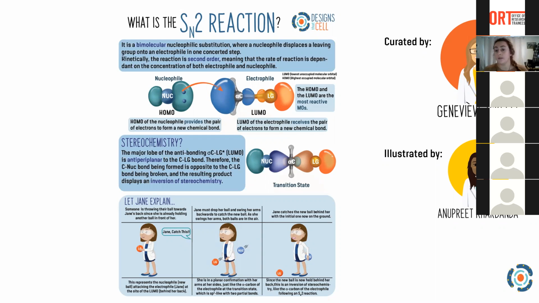This type of narrative, creating an individual who's going through a process and walking them through, is a really great way to communicate a complex idea into something that's simplified and people can imagine and understand themselves. We're not going to focus more on this, but if you'd like to check out these infographics, they're available on our website, and they're currently being pilot tested at the University of Ottawa to see if they're effective as supplemental education tools in organic chemistry education.